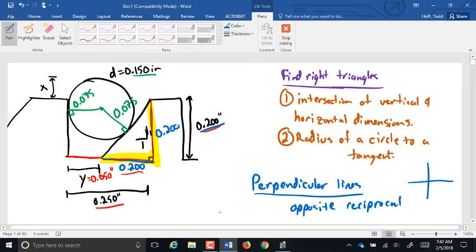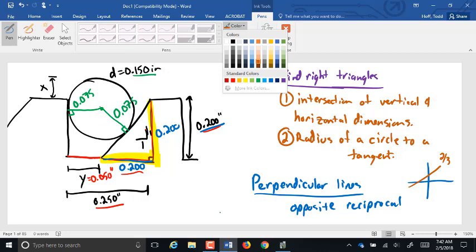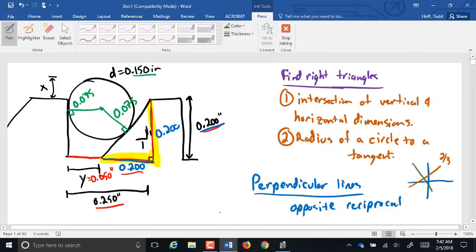If I have a line that goes like this, let's say it's at a 2/3 slope, the line perpendicular to that, going at a right angle, first of all, the brown line has a positive slope, the green line has to have a negative slope. That's the opposite part. Reciprocal means you exchange numerator and denominator. So this is a -3/2 slope. Well, over here, this slope is a positive 1/1. This slope here, being perpendicular, has to be a -1/1. In other words, the aspect ratio on that line is also 1-to-1. Make sense?